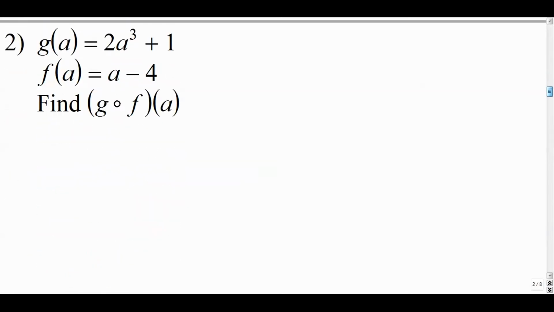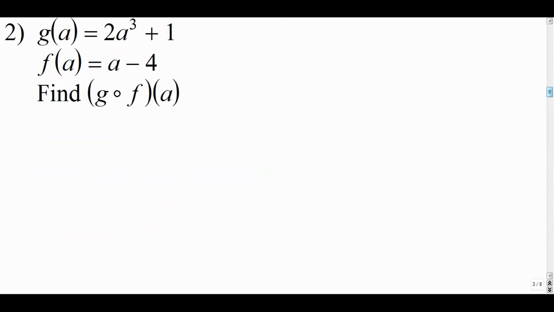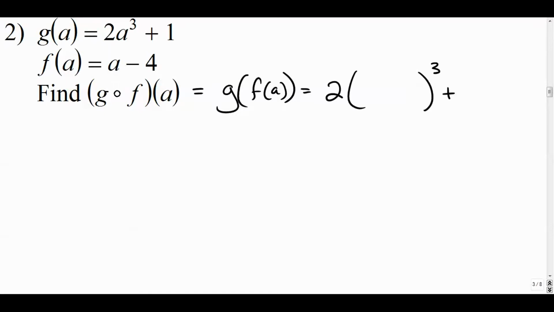Number two, I'm going to rewrite g of f of a, and now I'm going to write my g function, but instead of writing the a, I'm going to leave it blank. Here's the a, I'm leaving it blank, and I'm going to replace it with the f function.